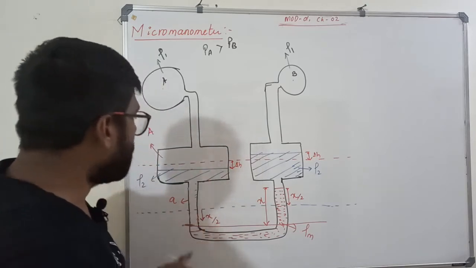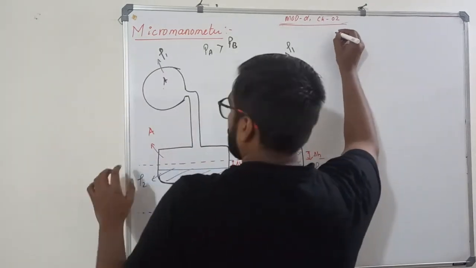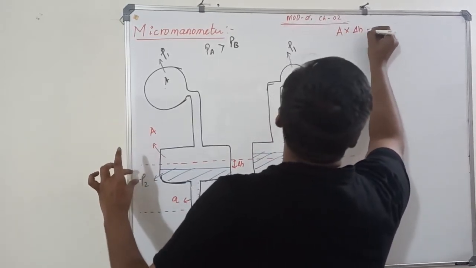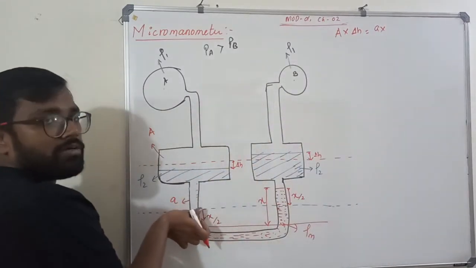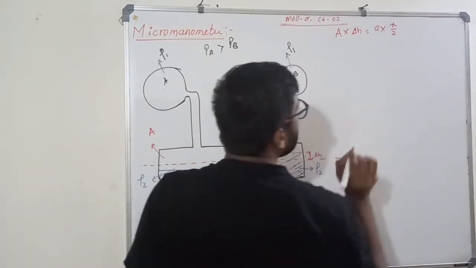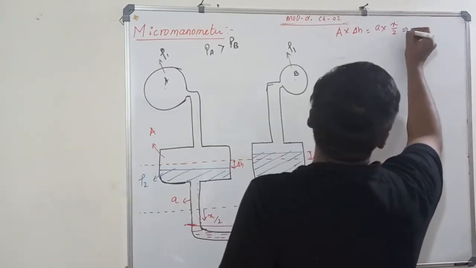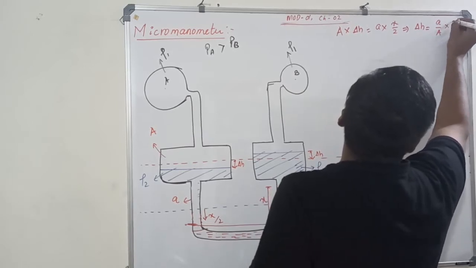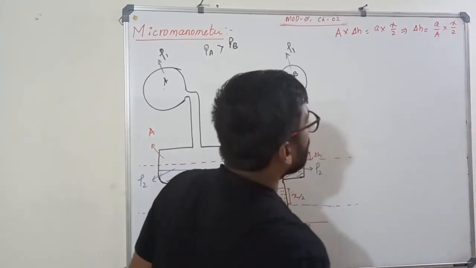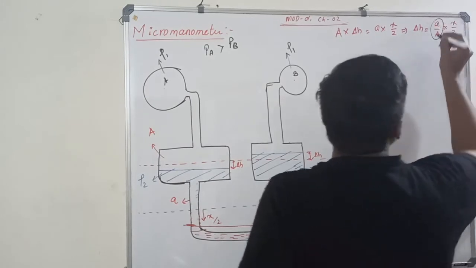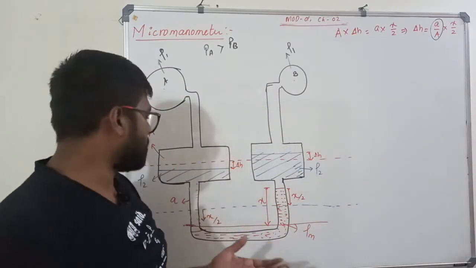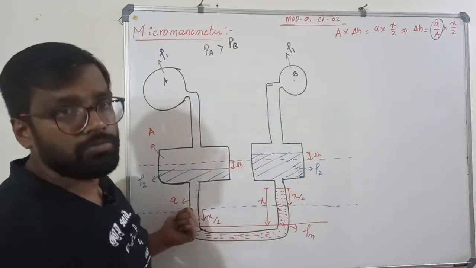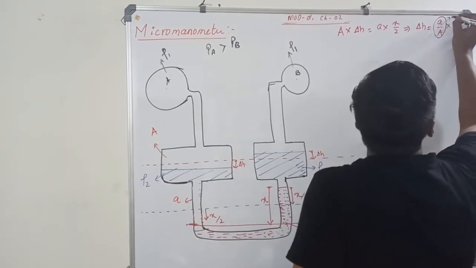So if I make the volume balance, capital A multiplied by delta H is equal to small a into how much depth it went down, X by 2. I want to write delta H equal to small a by capital A multiplied by X by 2. Now, this capital A is a very big number, let us say 100 or 200 or 300 or 400 times more than the area of this tube. So, we can neglect it.